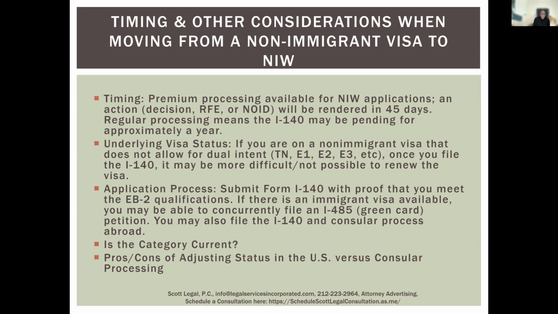So let's talk about how they're filed and some of the timing considerations. In order to file a National Interest Waiver petition, we're going to file an I-140 petition. The I-140 petition covers whether you have met, A, the threshold requirements, and B, the requirements with respect to the actual NIW petition.